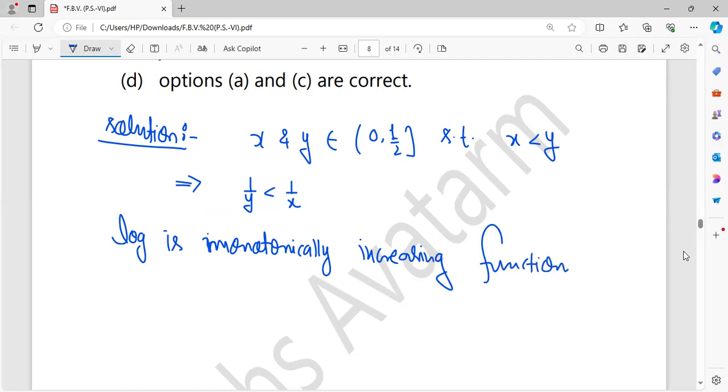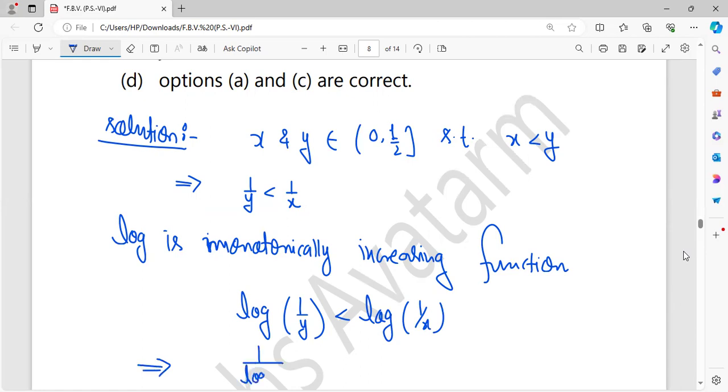So what we have is log 1 upon y is less than log 1 upon x. Okay. So this implies 1 upon log 1 upon x is less than 1 upon log 1 upon y.